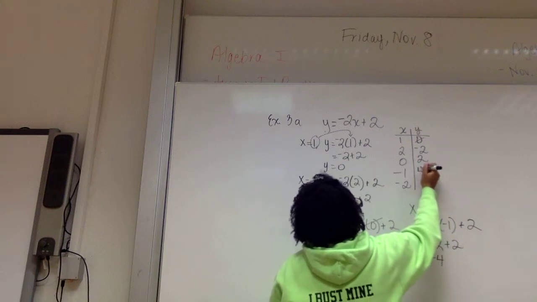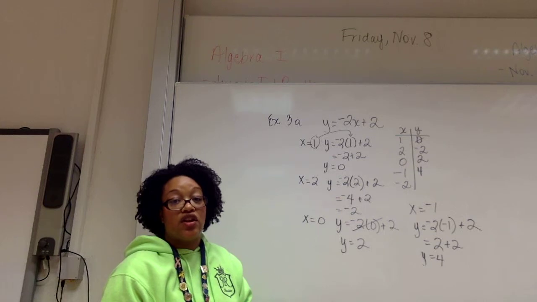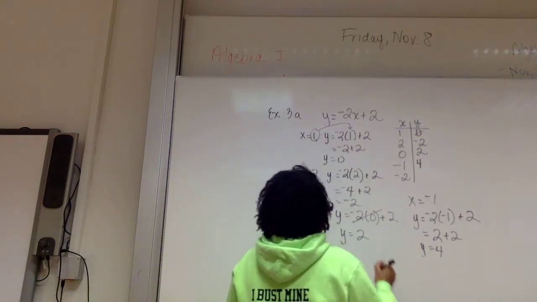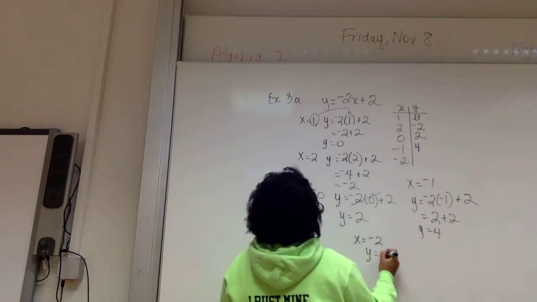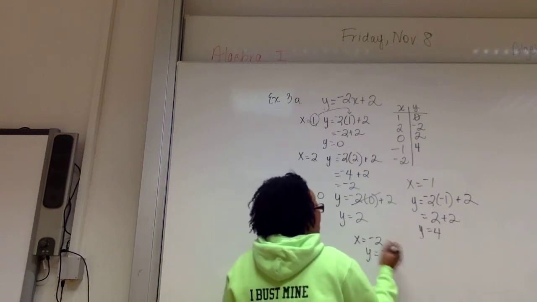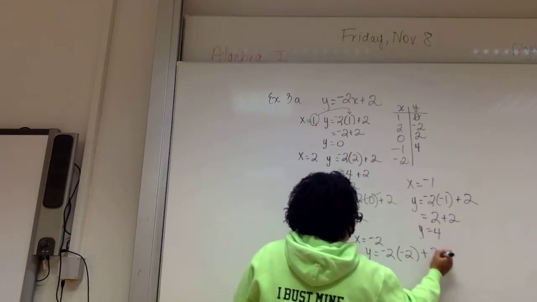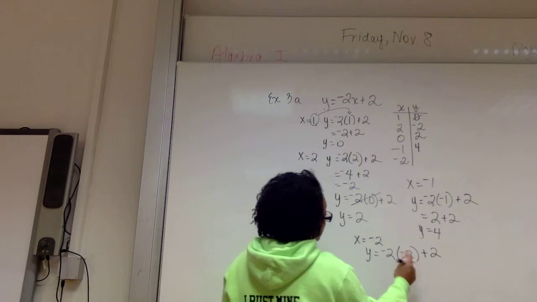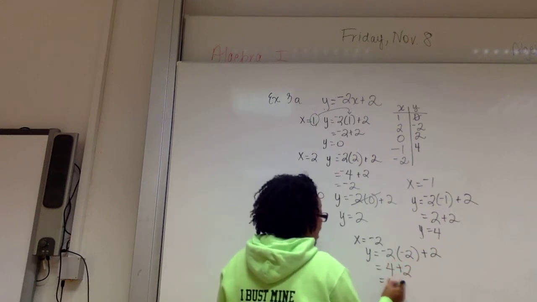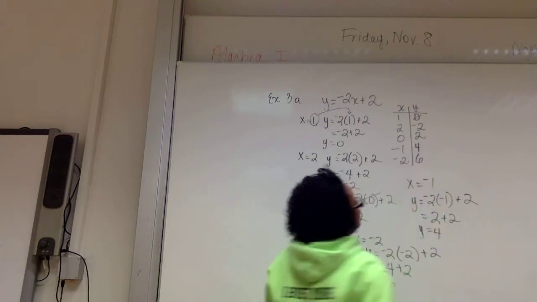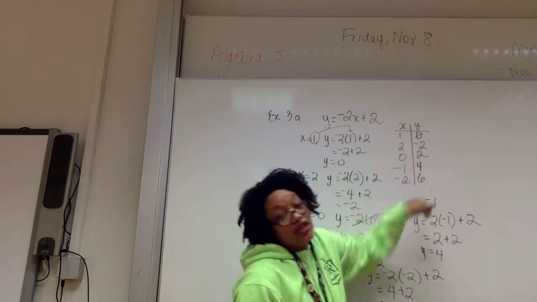Y equals 4. You plug it in. One more value for Y, and we've completed our table. When X equals negative 2, Y equals negative 2 times my X, which happens to be negative 2, plus 2. Well, negative 2 times negative 2 gives me positive 4. I've got to add my 2. My Y is equal to 6. You plug it in. So what happens now, ladies and gentlemen, is you've completed your table.